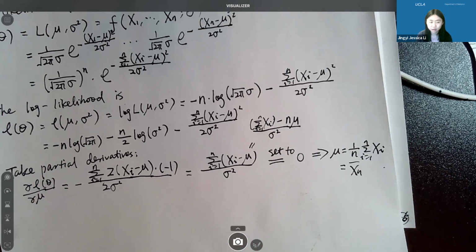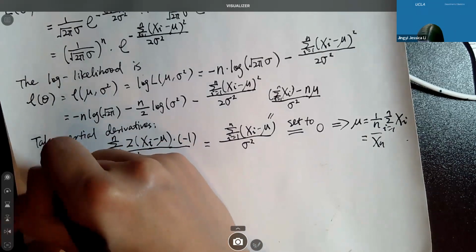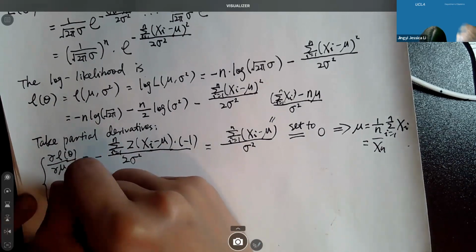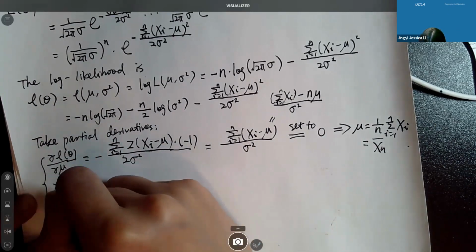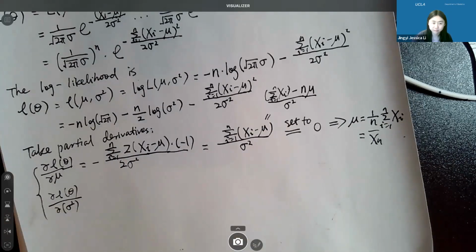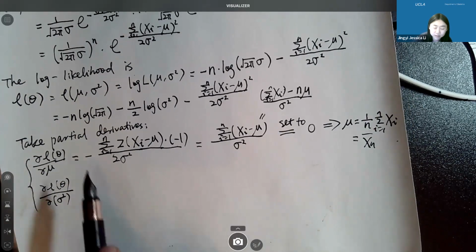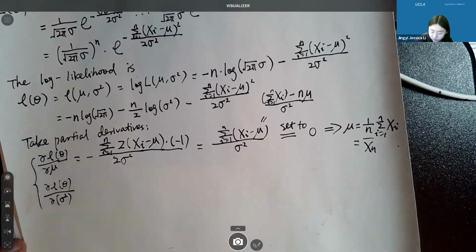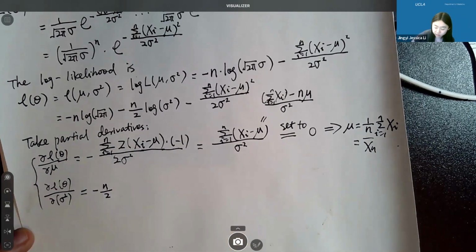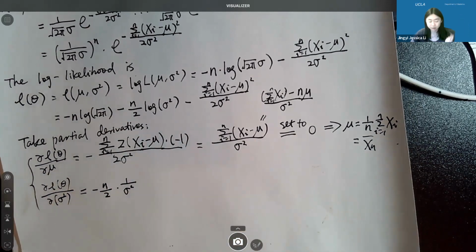Okay, so now let's take the partial derivative for the second parameter, the second argument, which is partial sigma square. I'm making it very clear that we treat sigma square as a whole thing. All right, so then the first term has nothing to do with sigma square. The second term, we keep the multiplier and log sigma square, the derivative will become 1 over sigma square, because it's the whole thing, sigma square.